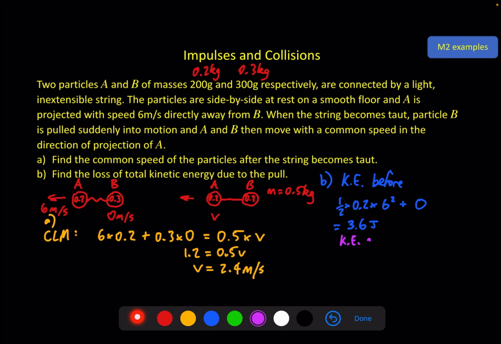Kinetic energy after the pull, we've got 1/2 times the combined mass times the common speed squared, which gives us 1.44 joules of energy. So finally, the loss of kinetic energy is equal to 3.6 minus 1.44, which is 2.16 joules of energy lost due to the pull.